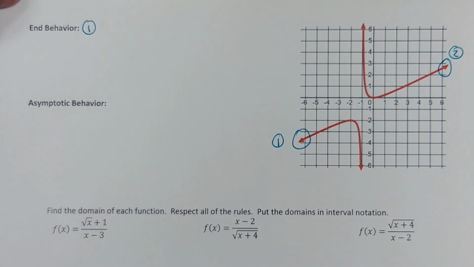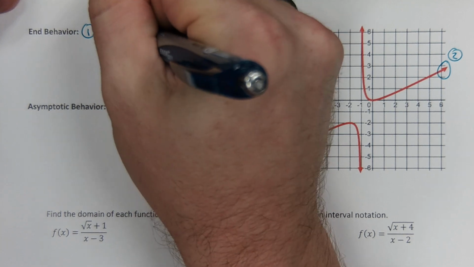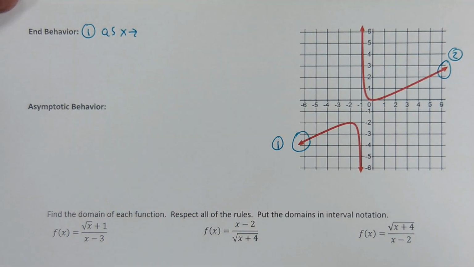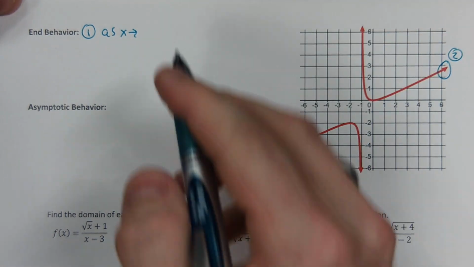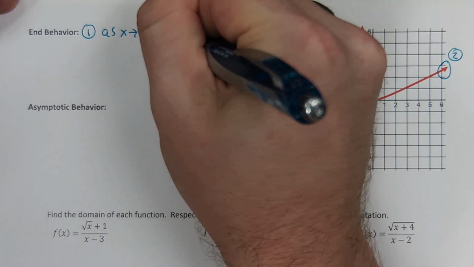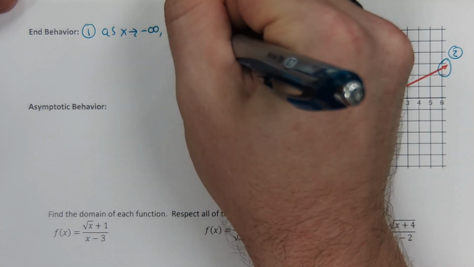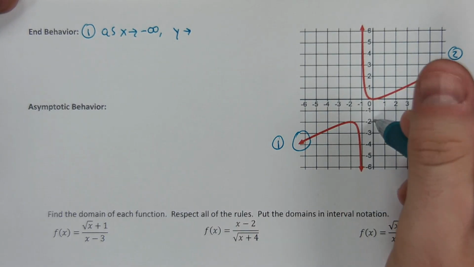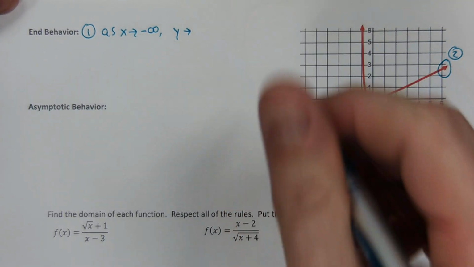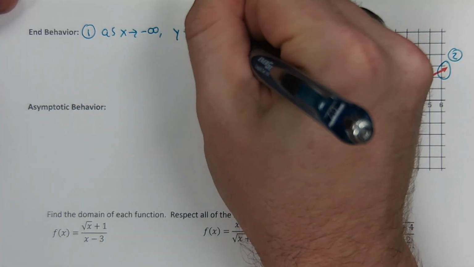Arrow 1. That arrow is going left. So as x goes to the left, it's going to get more and more negative. That's negative infinity. But you can see also that arrow's headed downwards. And as you head down, the y values are going to negative infinity.